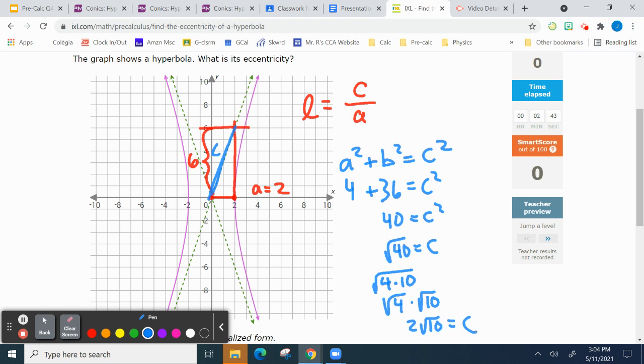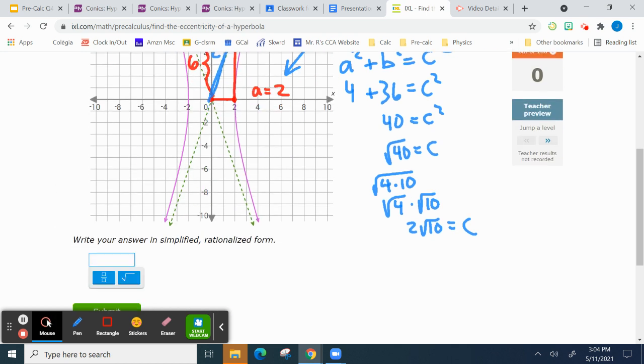So we have 2 root 10 over A. What's A? A is 2. Oh, look at those cancel out. So the eccentricity is just root 10. And that's it.